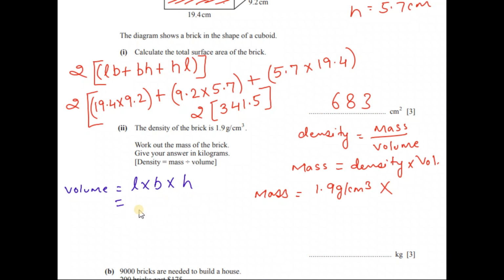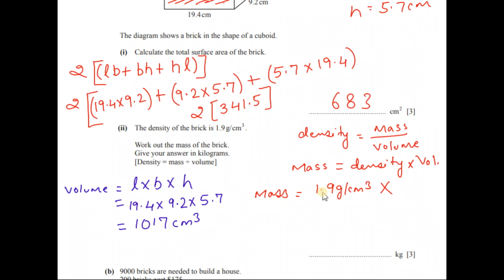Okay, so we already have the data that length is 19.4 centimeter times breadth is 9.2 centimeter and height is 5.7 centimeter. So if we work on this, we will be getting 1017 centimeter cubed, and this would be a volume 1017 centimeter cubed.